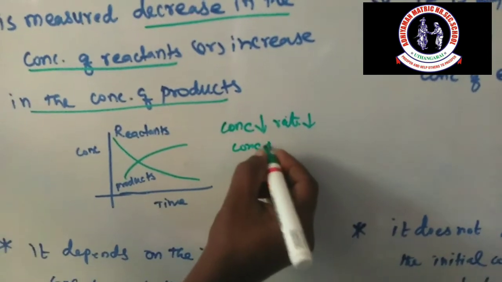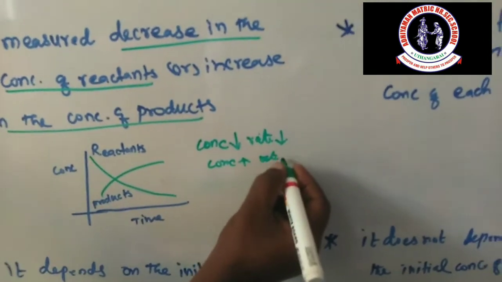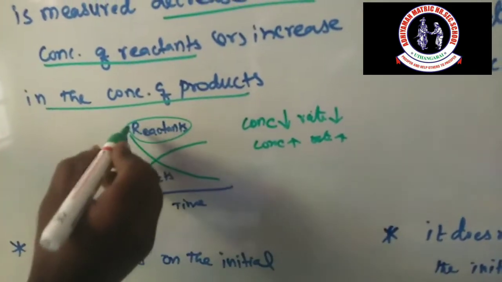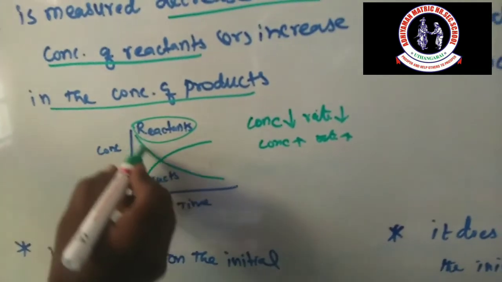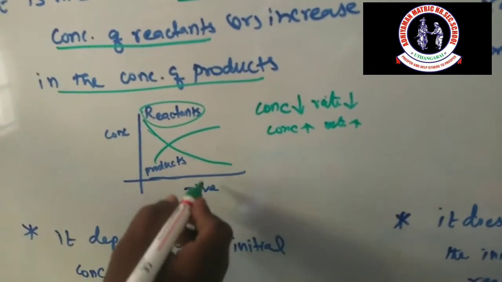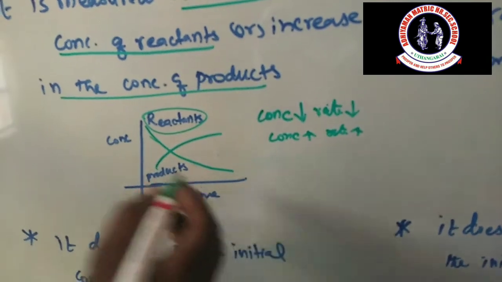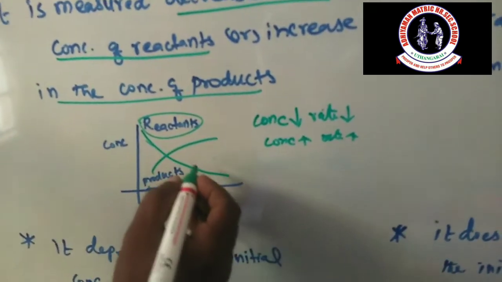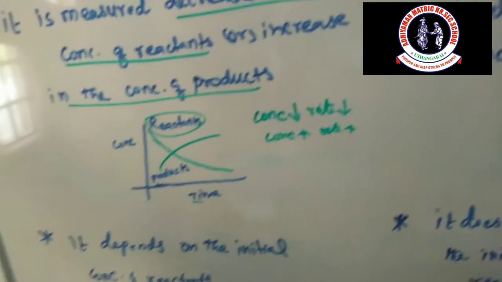Suppose concentration increases, the rate of chemical reaction also increases. The product concentration increases and the rate also increases.